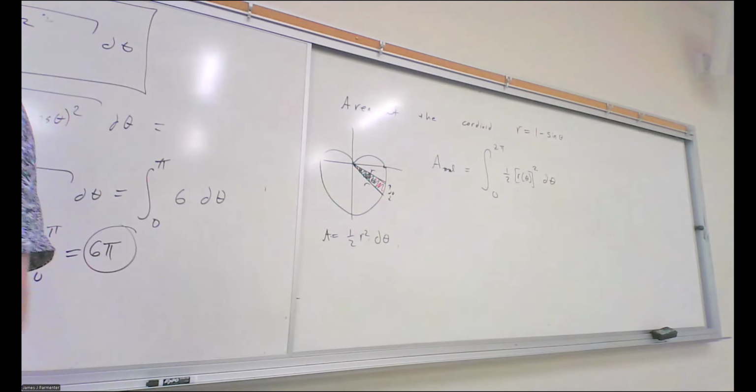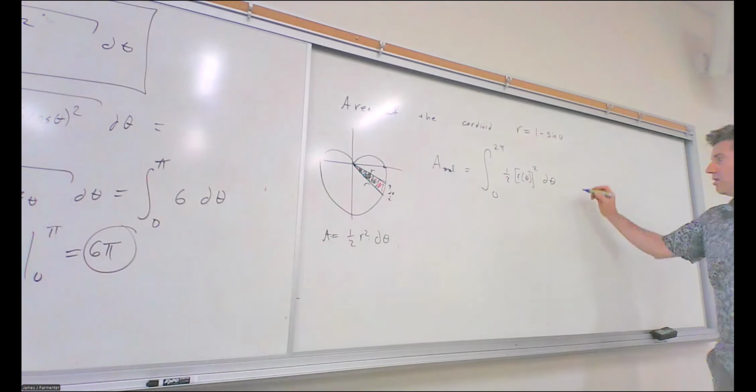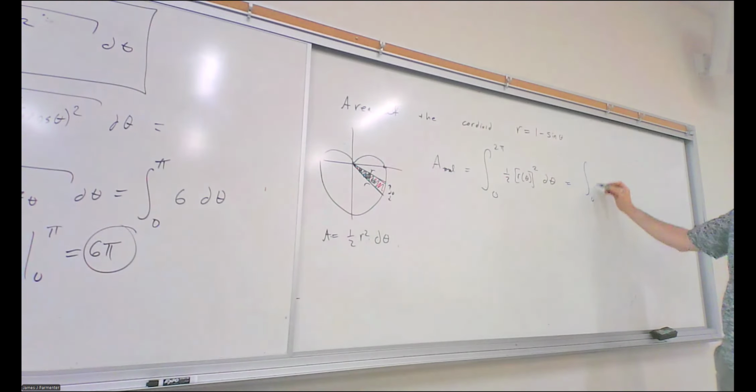That's the gist. So then, same sort of thing we've been doing. That's going to be the integral from 0 to 2 pi. Pull the 1/2 out front. 1 minus sine of theta quantity squared d theta.